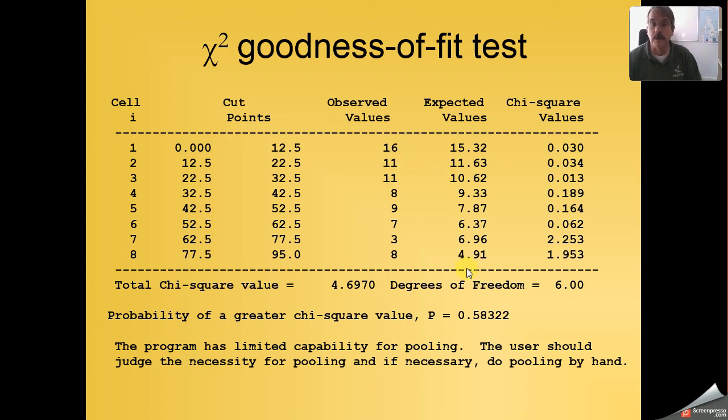Summing up all of those chi-square values, we come to a value such as 4.7 with 6 degrees of freedom. The probability that that value arose by chance if the model is a good depiction of our data is pretty high.